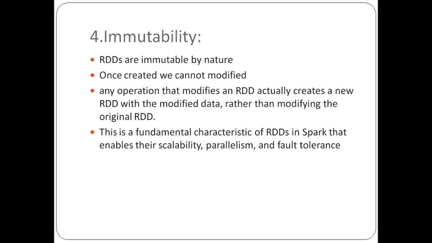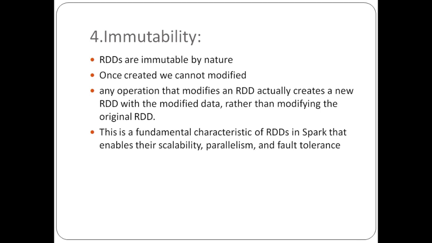Immutability is a very important interview question. What is immutability in Spark? RDDs and data frames are by default immutable by nature. Immutable means once you create it, you cannot modify it.